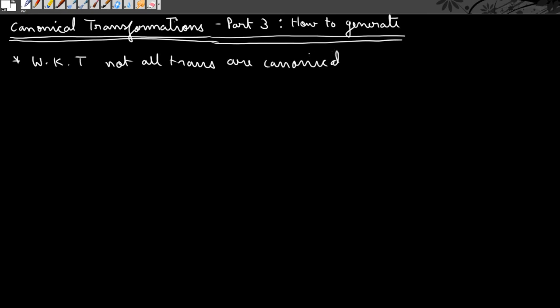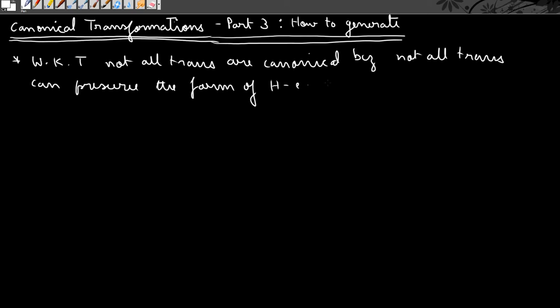Only those transformations which preserve the form of Hamilton's equations are the ones which we call canonical transformations, because not all transformations can preserve the form of Hamilton's equations.